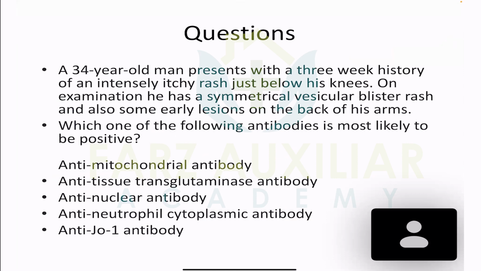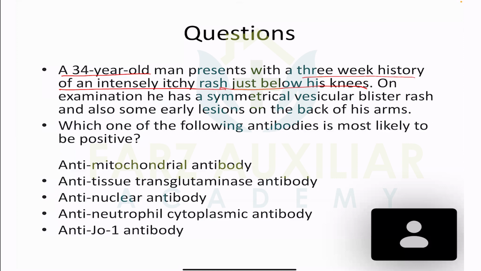Can anyone read this one? Which antibody will you prefer? A 34-year-old man presents with a 3-week history of an intensely itchy rash just below his knees.